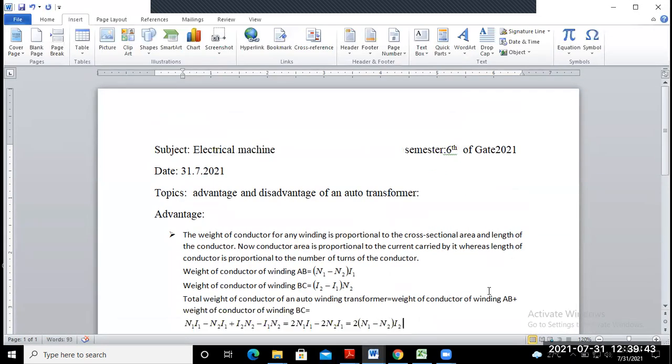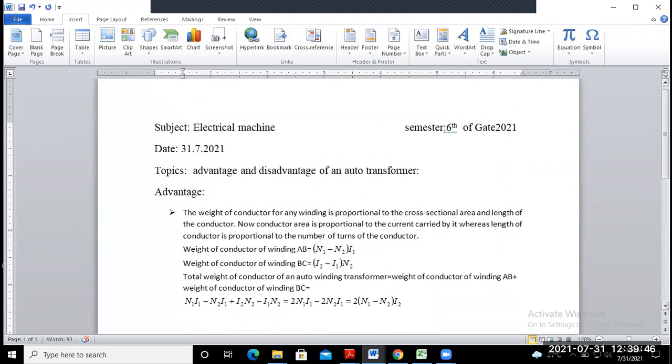So this is your total weight of conductor of a two winding auto transformer.